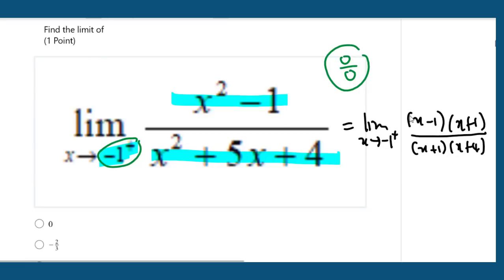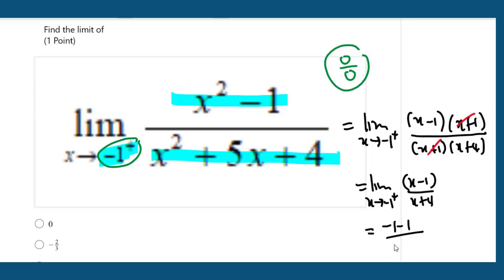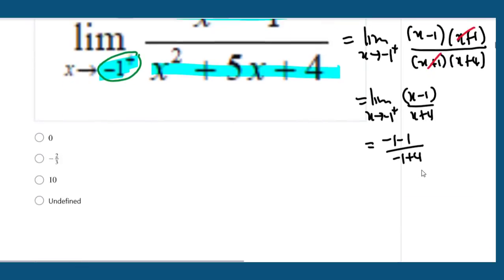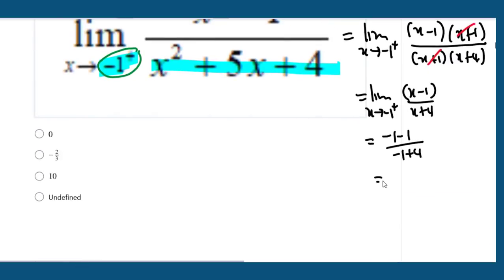And then simplify, cancel this one. This is equal to the limit of (x minus 1) over (x plus 4) as x approaches negative 1 from the right. Then substitute: negative 1 minus 1 over negative 1 plus 4. Then the answer is negative 2 over 3.